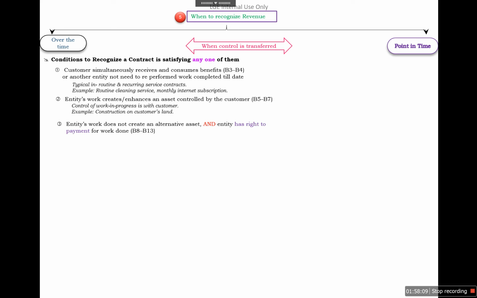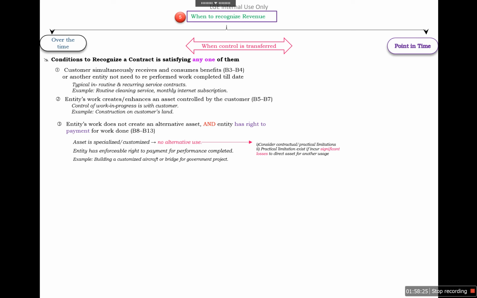Third is if the entity's work does not create an alternative asset and the entity has a right to payment for the work done. And it happens in a case where the asset is of a specialized nature and there is no alternative use. The entity has an enforceable right to payment for the performance that it has completed.